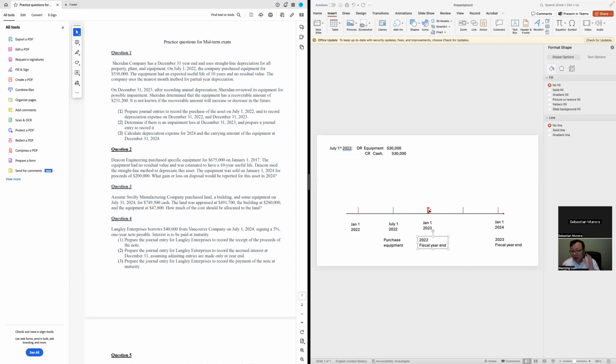So on the fiscal year end date, we are going to make a bunch of adjusting entries. One of them is to recognize the depreciation expenses. So the time is December 31st, 2022.